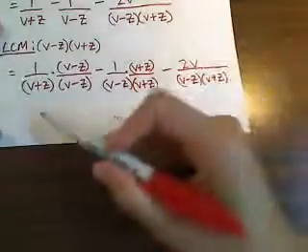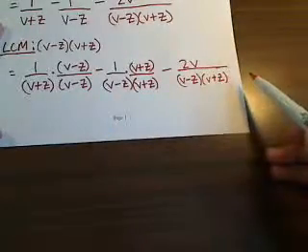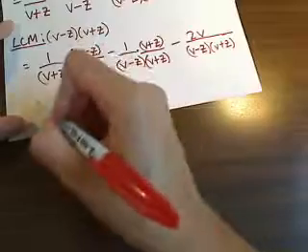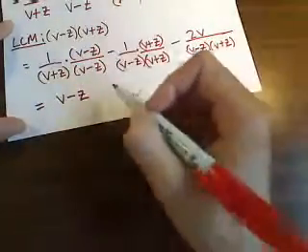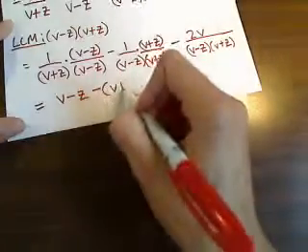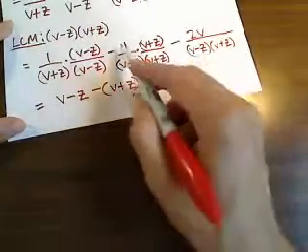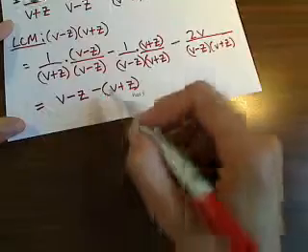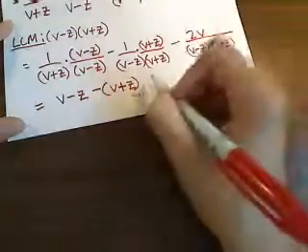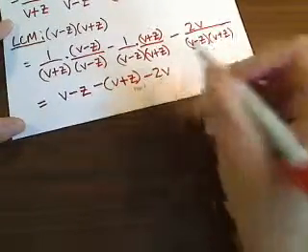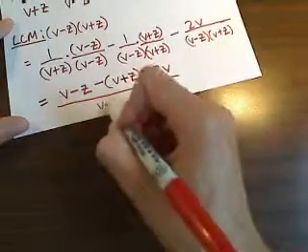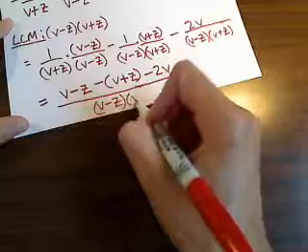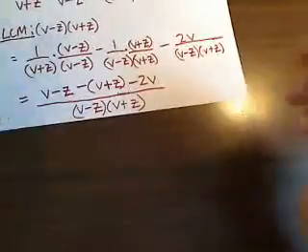Okay, so at this point we have a common denominator, so we can bring our numerators together, and what we're looking at is v minus z minus the whole v plus z. So this is -1 times this. We're going to need to remember to distribute the negative there, and then we have a -2v, and this is all over the common denominator of v minus z and v plus z.